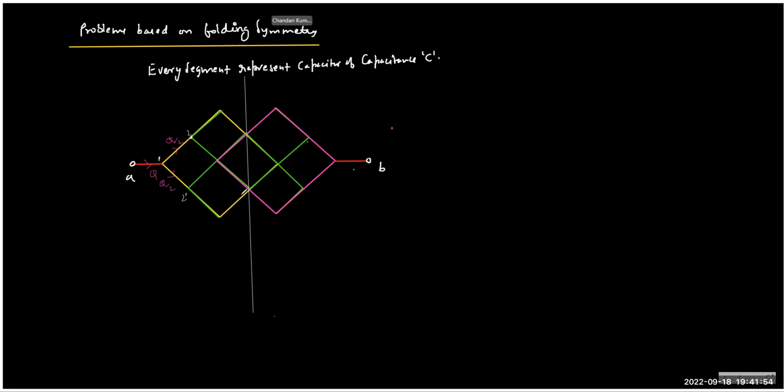And similarly, by the same logic, if I distribute the charge further, now I won't say this path and this path are symmetrical. No, this is not symmetrical because this is some midpoint.